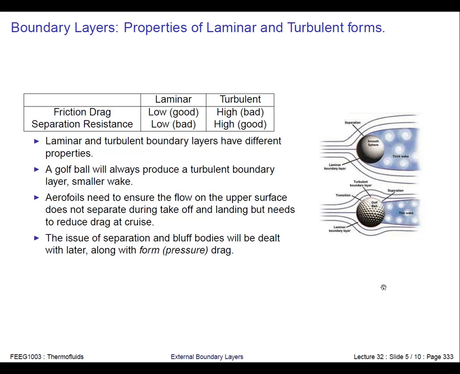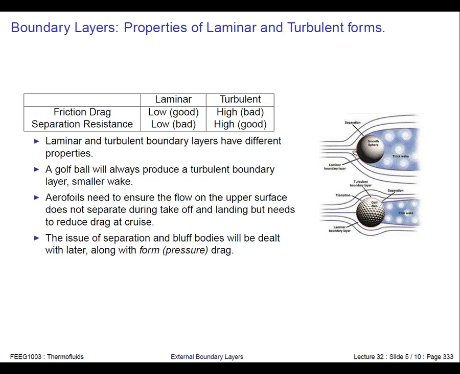Okay, so one of the good things about a turbulent boundary layer is that it resists separation. So if you can make your boundary layer turbulent, it will stick to objects as the flow turns. A classic example is a golf ball. Let's say we've got a smooth ball and a golf ball, and they're both going the same speed, and they have the same Reynolds number.